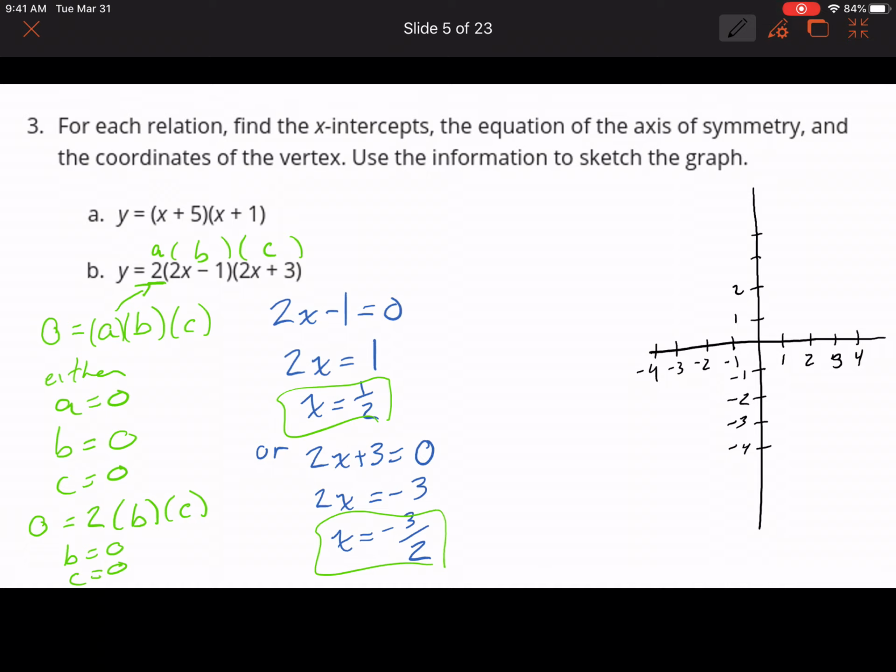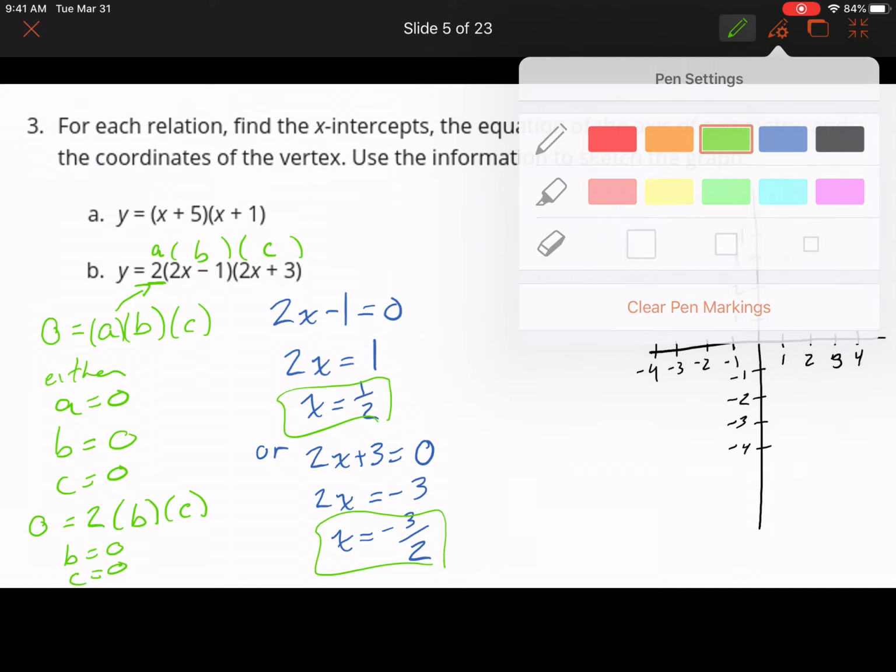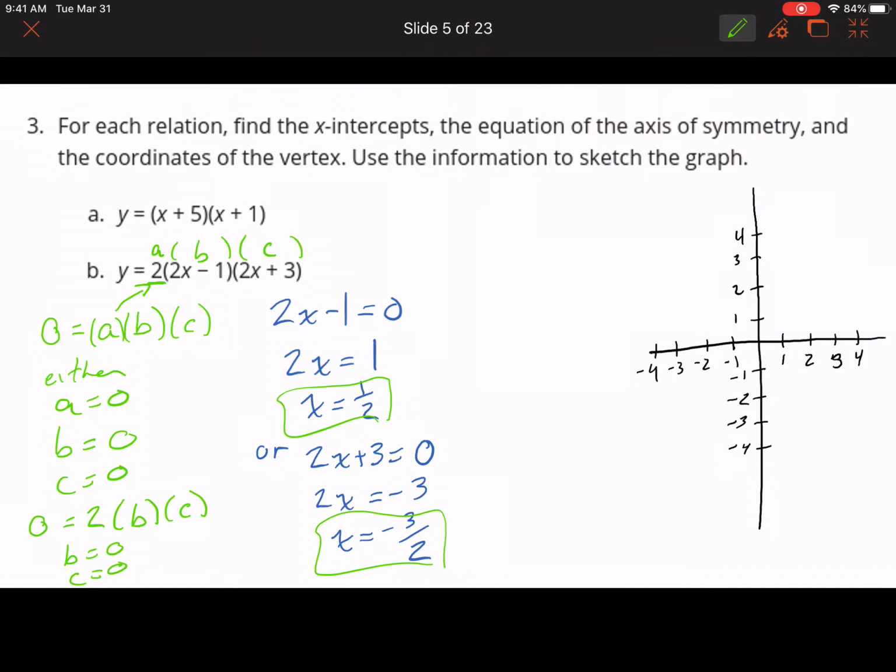So always write in your units. We're having problems with that. So we have positive 1/2, halfway between 0 and 1. And we have -3 over 2, which is -1.5, halfway between 1 and 2. So we've got our x coordinates in there.